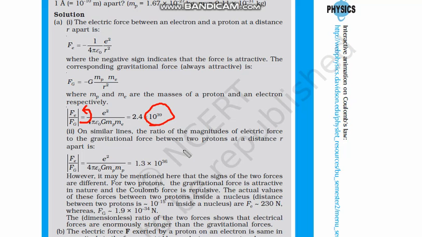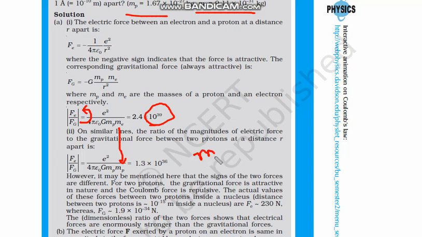On similar lines, consider the ratio of the magnitudes of electric force to gravitational force for two protons. Similarly, we calculate again: e square, 1 upon 4 pi epsilon naught, G, M_p and, instead of M_e, another M_p. This changes because the mass of proton is quite high in comparison to the mass of electron.